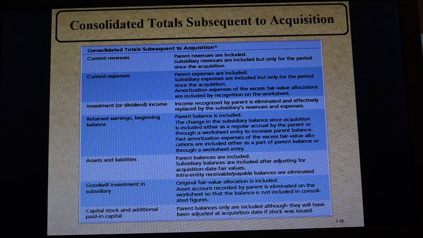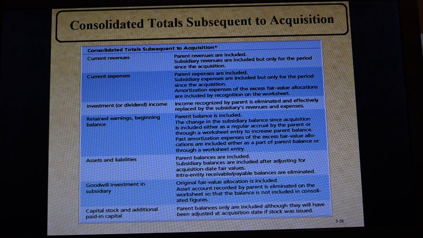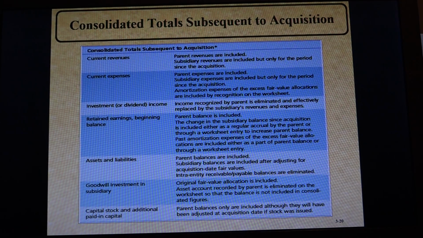Income happens, net income of the sub happens, and so the parent's investment in the sub increases, the sub's retained earnings increase, and so you have these amortization adjustments that affect the books.